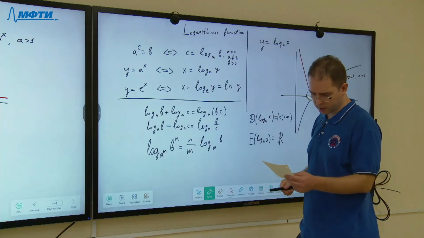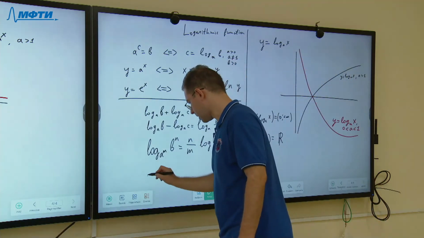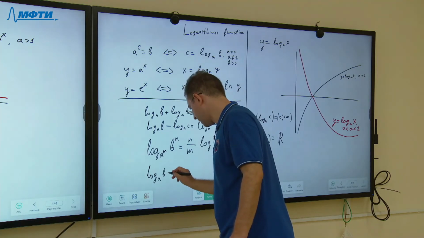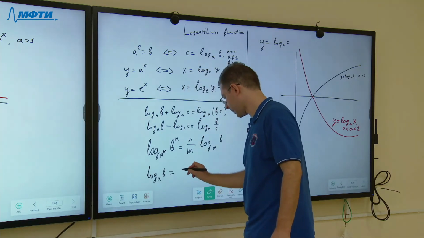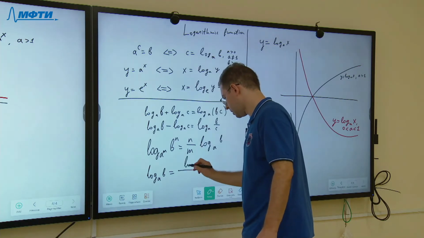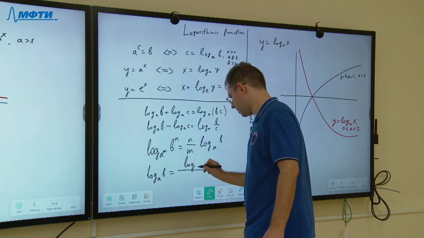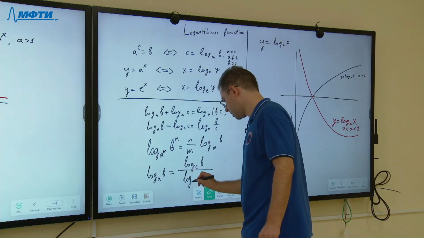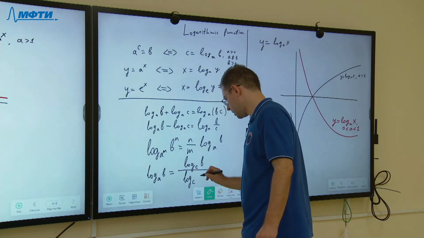What else? And change of base: log base a of b is log base c of b divided by log base c of a.